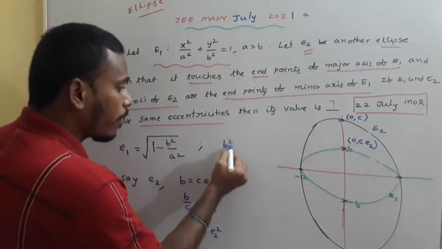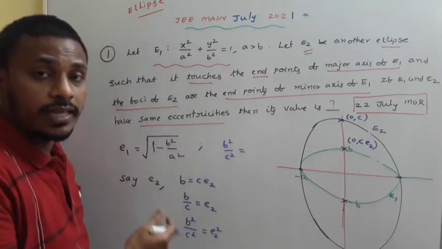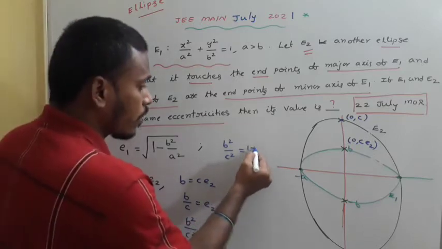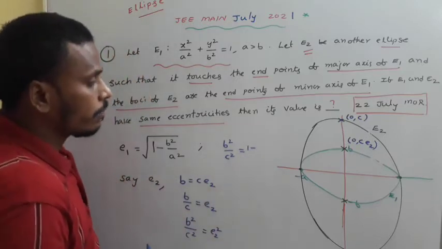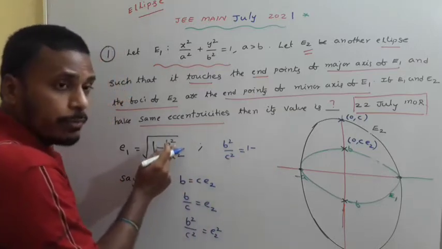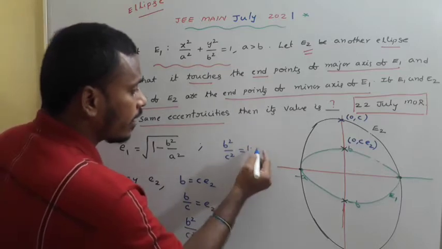So B square by C square is equal to E2 square, the eccentricity of the second ellipse, which is 1 minus, see what we say, 1 minus, usually b square by a square, and here we need to take 1 minus, c is greater, right?